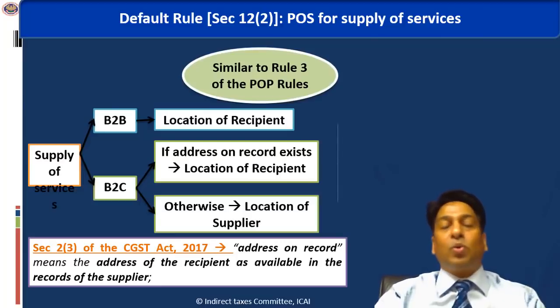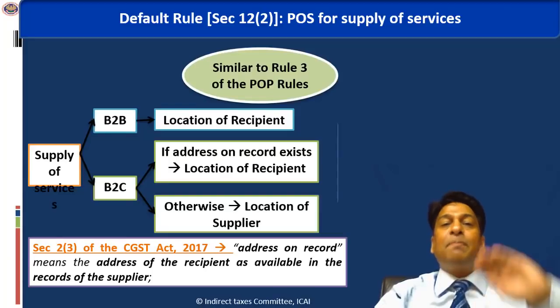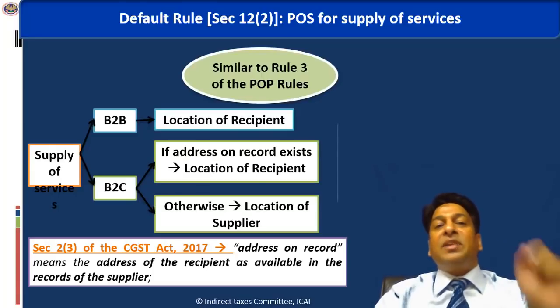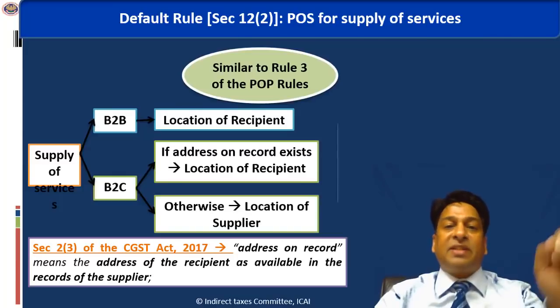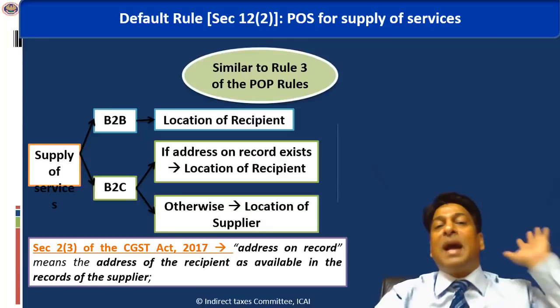What the default rule says: if the transaction is B2B, then place of supply would be location of recipient. If the transaction is B2C, meaning from registered supplier to unregistered recipient, then place of supply continues to be location of recipient if the address of recipient exists in the books of supplier, otherwise location of supplier.